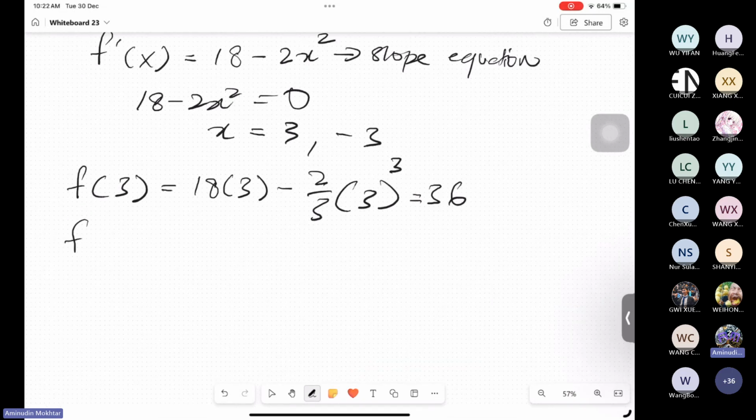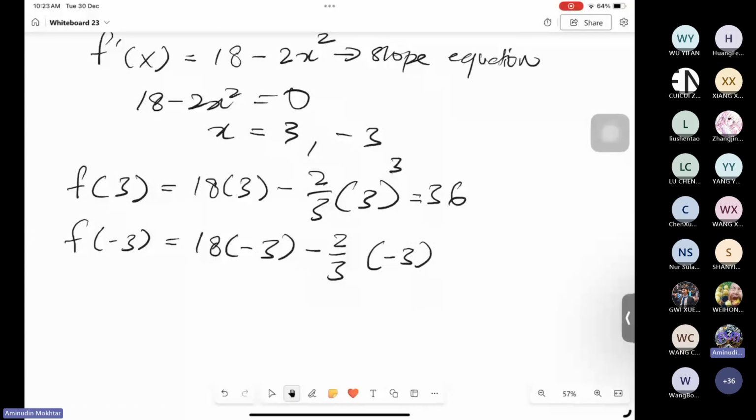When x equal to -3, the value of y is 18 times -3 minus 2 over 3 times -3 to the power of 3. The answer is -36.